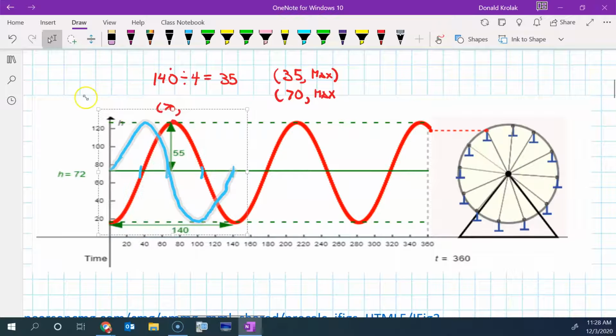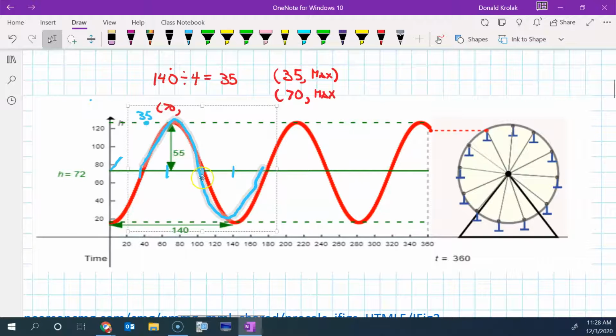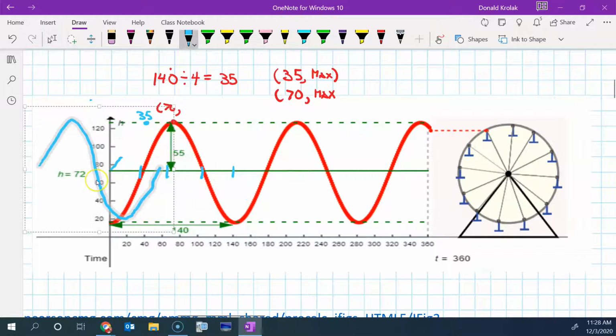So our high point is at 35 seconds, right here. We want to slide it 35 seconds to the right so that they match up. The way you got that was 70 minus 35, 35 seconds.